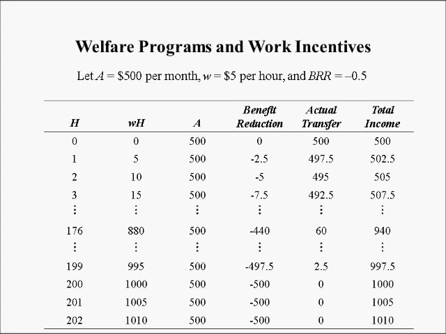Okay. Now notice this difference here. Working that extra hour means your kind of net wage after the benefit reduction rate is only $2.50. This difference is $2.50. So for all total income levels, from 0 hours of work all the way up to 200 hours of work, your income is only going up by $2.50 for every additional hour you work.